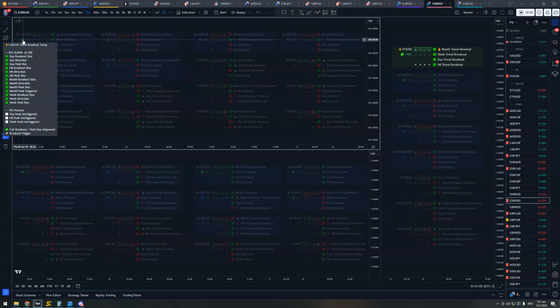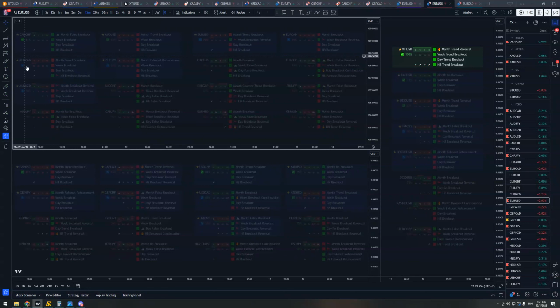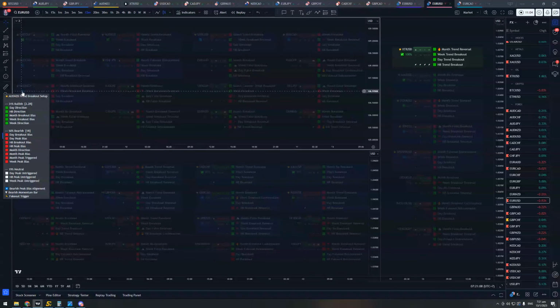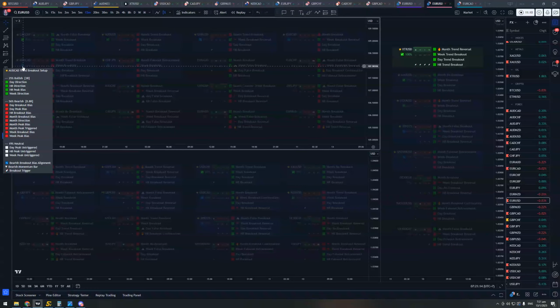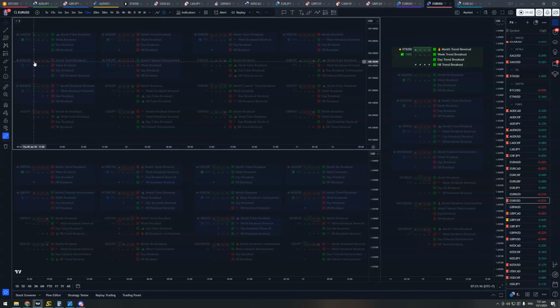The other ones here tell me that the full breakout bias and the peak bias are aligned. This triangle arrow tells me that the peak bias are aligned. This slashed arrow over here tells me that the breakout bias are aligned. So this one is monthly, weekly, daily all aligned. This one, the monthly, weekly, daily are not all fully aligned, but the peak bias are aligned.